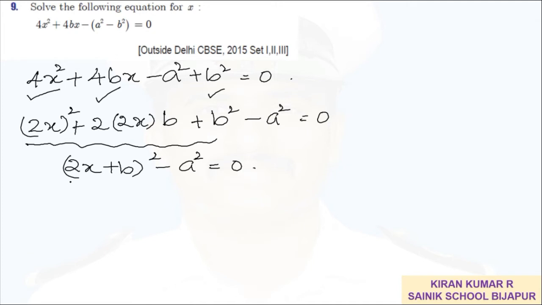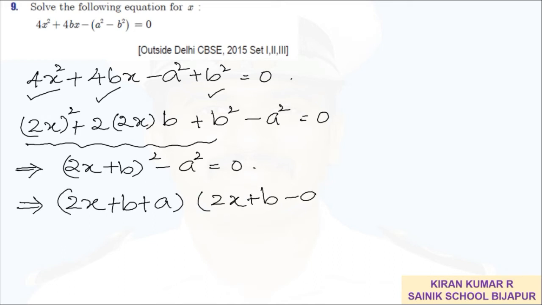So I can make use of the a square minus b square identity. I will write it as 2x plus b positive a multiplied by 2x plus b negative a equal to 0.